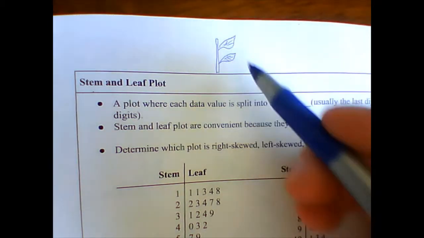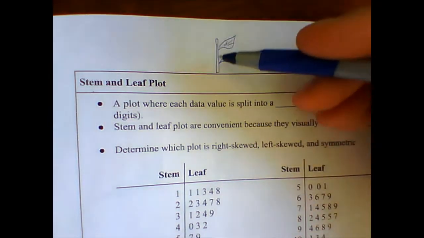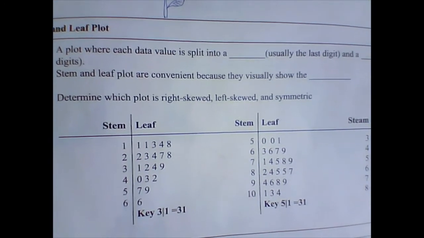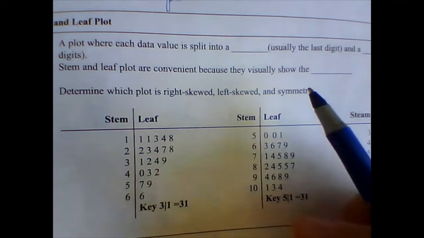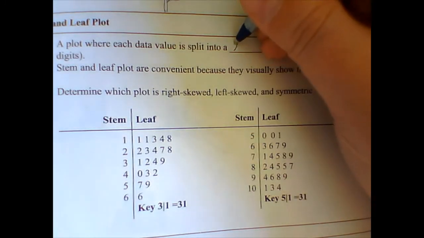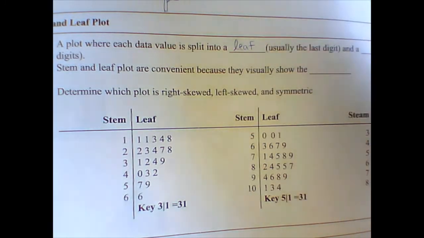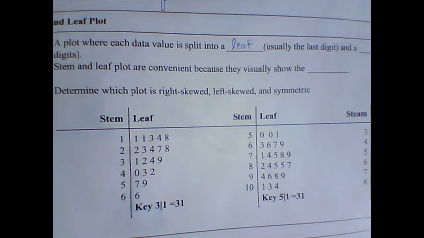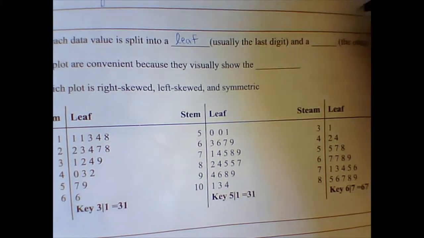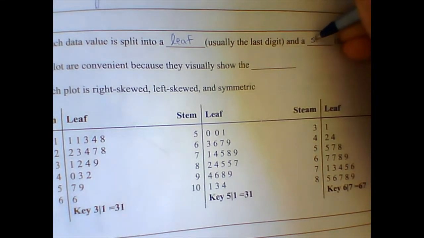That is not always the case, but it will be for this class. So the way you work a stem and leaf plot, each data point, like if it's a double-digit number, the last digit gets to be the leaf on the right. The other digit gets to be part of the stem.